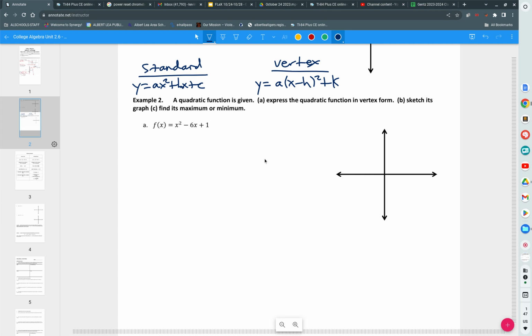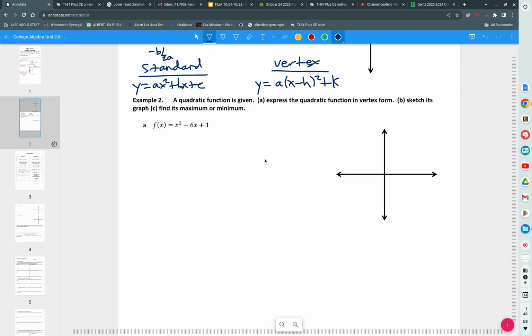Do you remember the formula we used in standard form to find the vertex? Negative b over 2a. Negative b divided by 2a was the formula you used to find the vertex of a parabola. Now, I'm going to have a section on the test, and I have to be absolutely clear about this. Every year somebody does this. I will have problems where you use standard form and do negative b divided by 2a, but I will also have problems where you do vertex form.